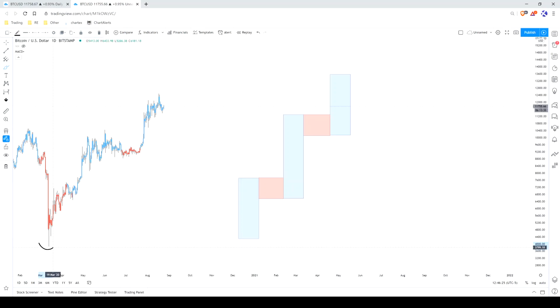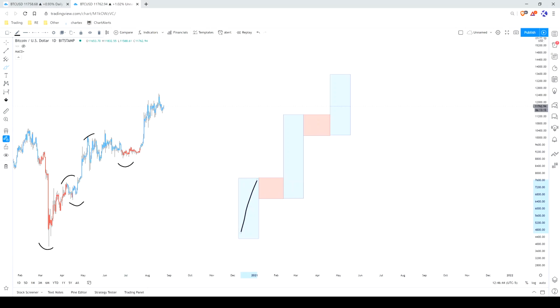If we look over at price, you get a low, a high, higher low, high, higher low. So that's what we are looking at on an Elliott wave move or an impulsive move.